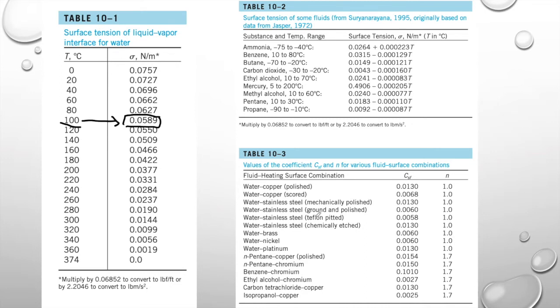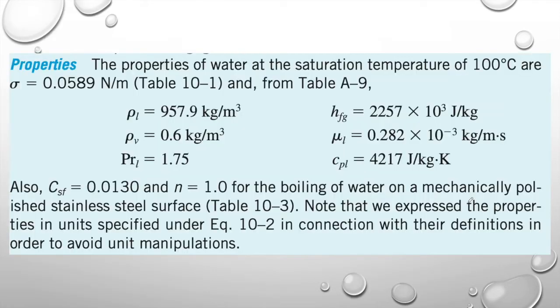We directly take out this value: C_sf is 0.013 and n is 1.